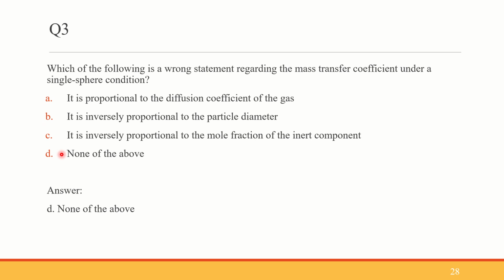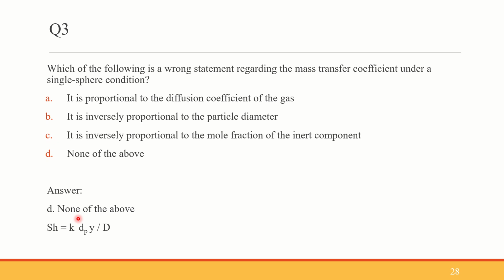Sherwood number is equal to K into dp y by D. So K is inversely proportional to dp, the diameter of the particle, inversely proportional to the mole fraction of the inert component, and directly proportional to the diffusion coefficient of the gas.